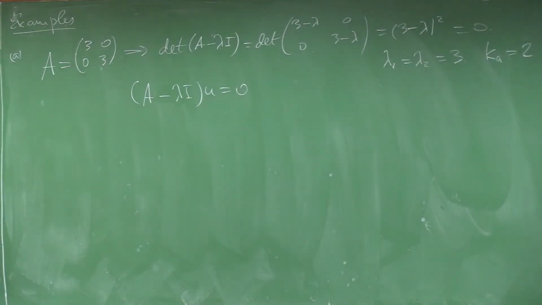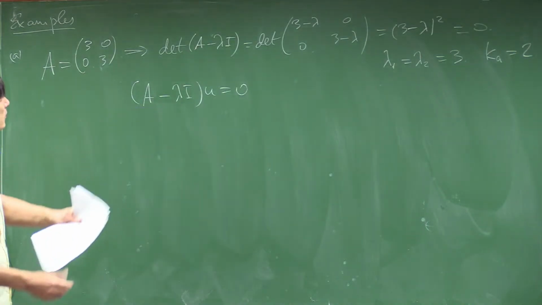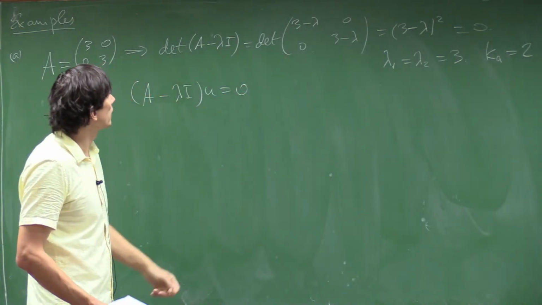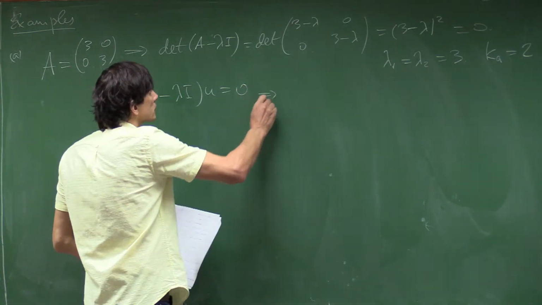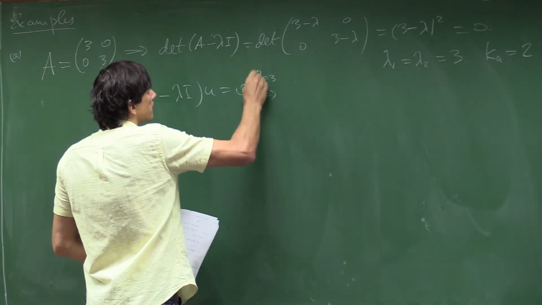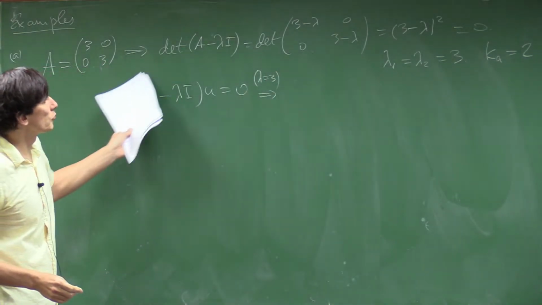So the eigenvalue problem. Now it's not a determinant. What stays here is this matrix with lambda equal 3. So put in lambda equal 3. This is just the 0 matrix.